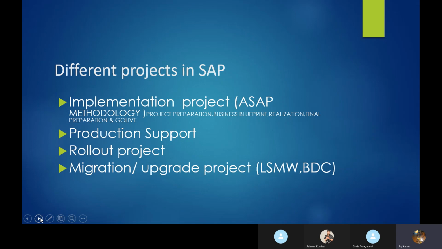There are 5 stages in an implementation project: project preparation, business blueprint preparation, realization, final preparation, and go live. Okay, so when you are going to implement, there are 5 steps.